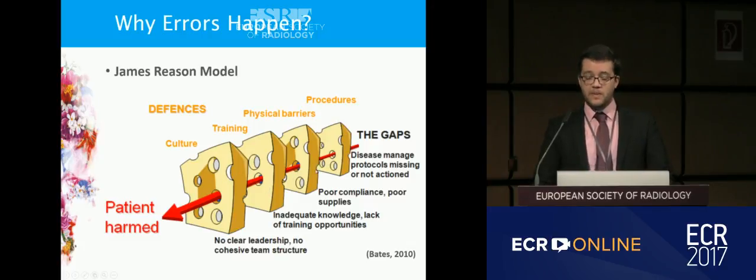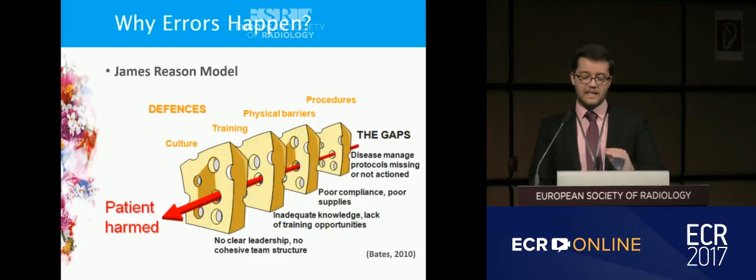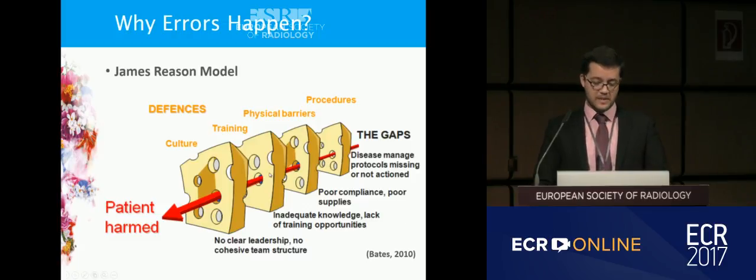The error will happen when one hole in each slice is aligned. So each slice, each protection that protects the patient from the error or other safety problem, when each protection has a flaw and the flaws get aligned, the patient is harmed.